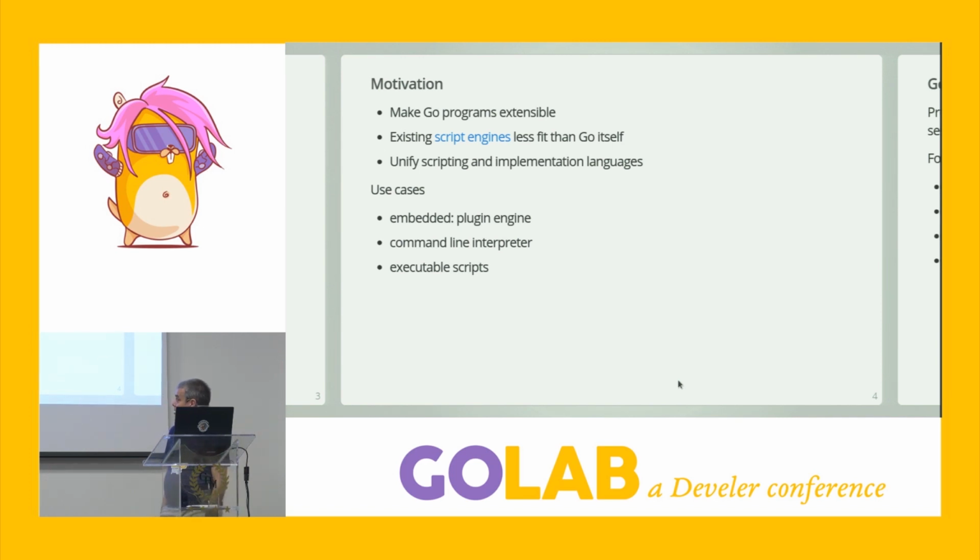We could have executable scripts, with a shebang, Yaegi, at the first line. And a specific use that we are targeting with Containous is to be able to use a Go interpreter as a plugin engine.